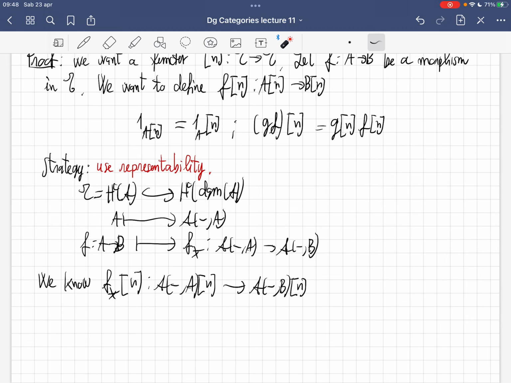It's even more complicated to write it down and describe it than what it really is. You're doing practically nothing. You're just shifting degrees, and this F shifted by n is just F itself, but viewed with shifted degrees. So there's nothing strange here.